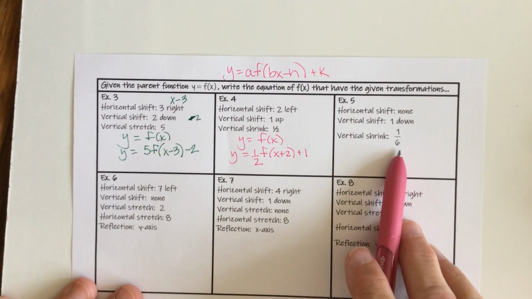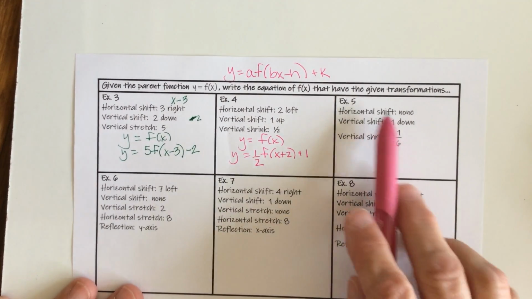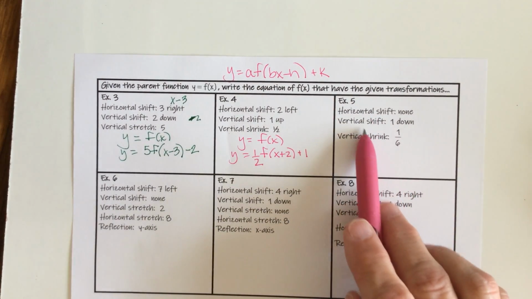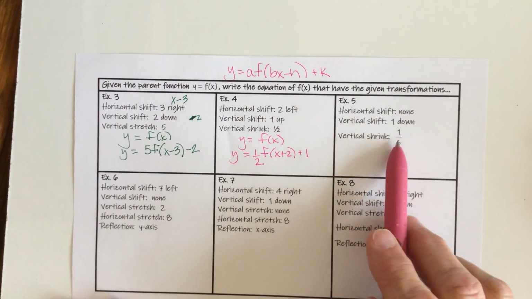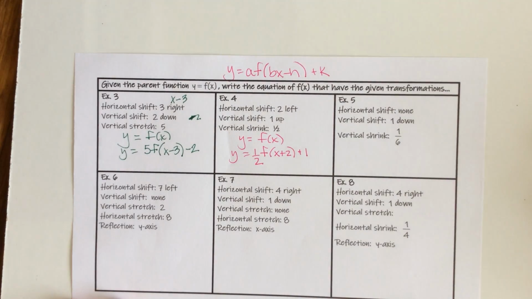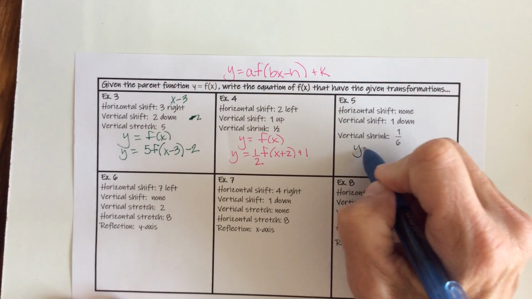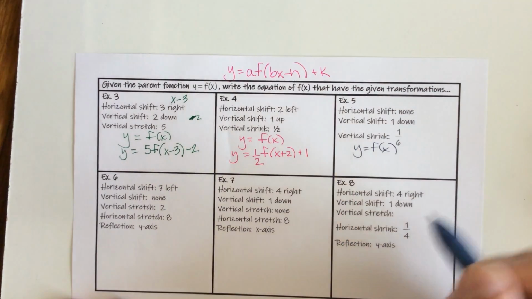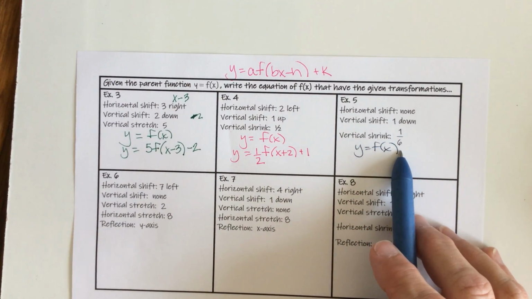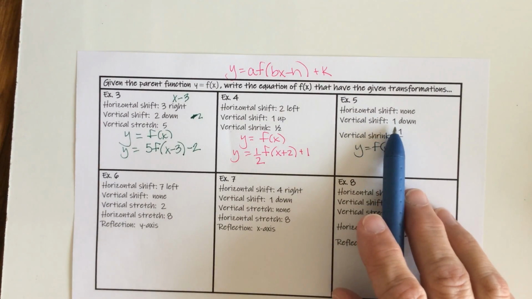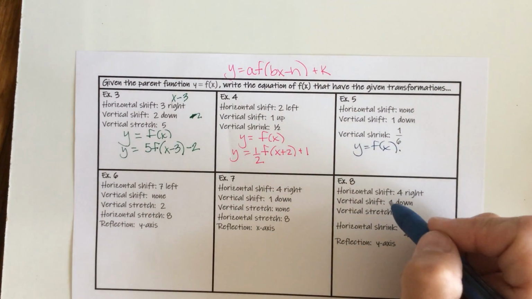All right, and then this one, we do not have a horizontal shift. We have a vertical shift of 1 down, and we have a vertical shrink of 1/6. So here's my original, y equals f of x. Vertical shrink of 1/6, no horizontal shift, but a vertical shift of 1 down.